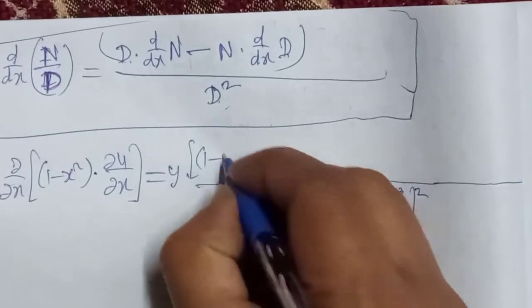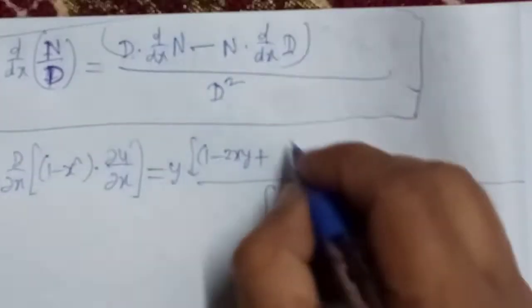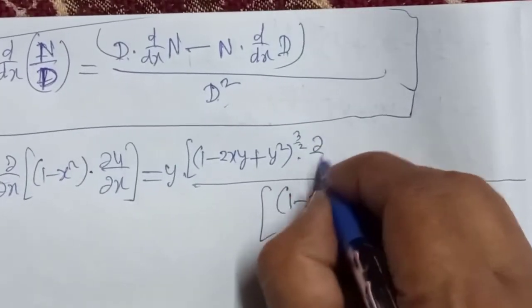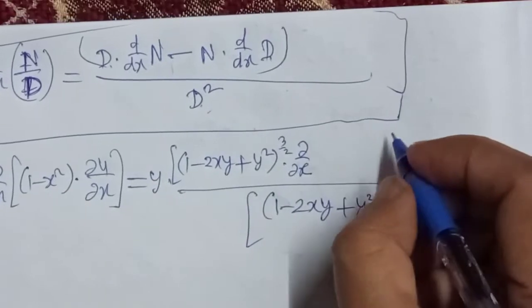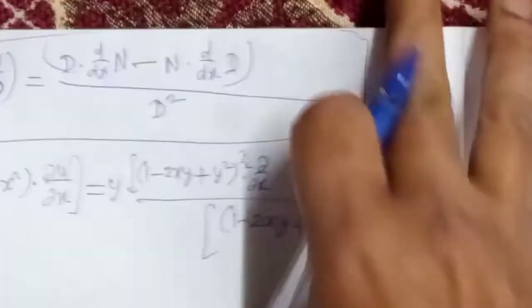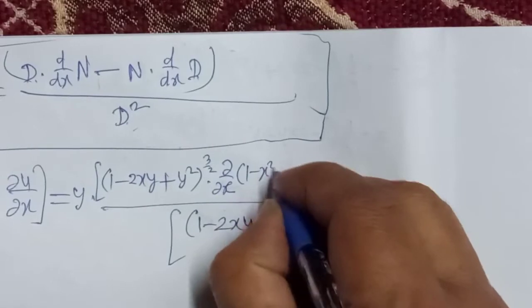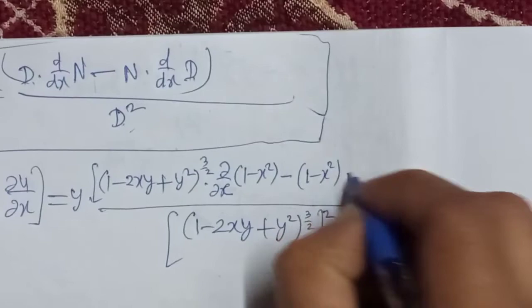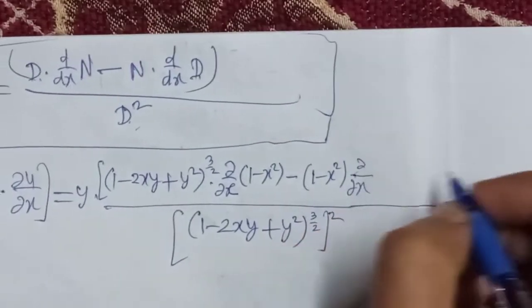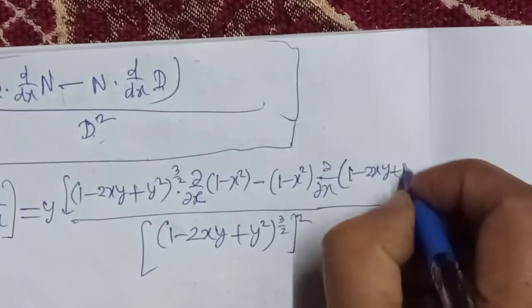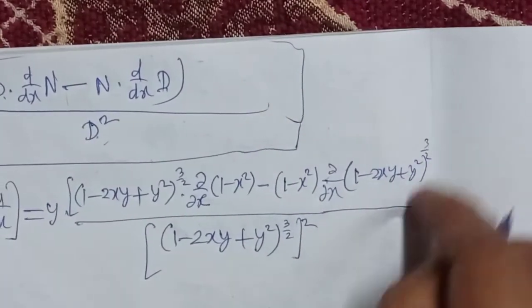So I write 1 minus 2xy plus y square whole power 3 by 2, and differentiate partially with respect to x the numerator 1 minus x square. Now write the numerator as it is, 1 minus x square, and partially differentiate with respect to x the denominator, 1 minus 2xy plus y square whole power 3 by 2.